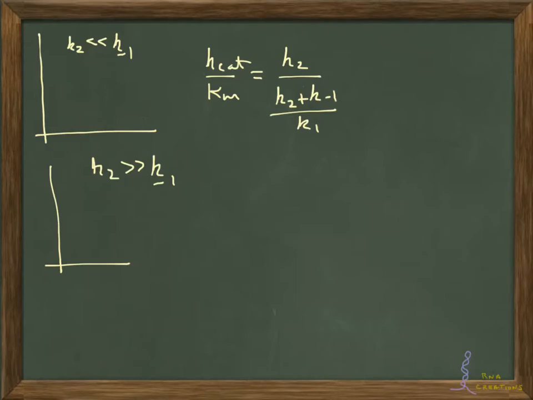And so if you look at the math, we know that if k2 is small compared to k minus 1, that here, kcat over km is going to equal k1 k2 over k minus 1.